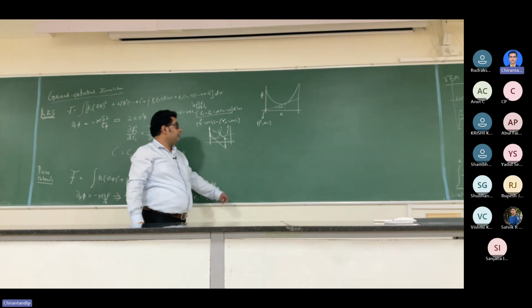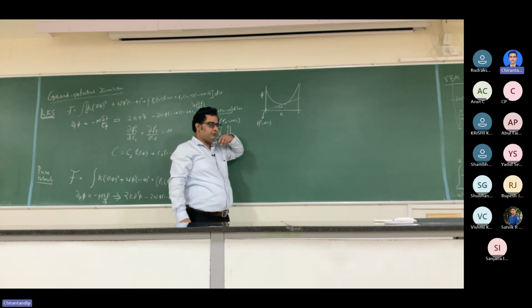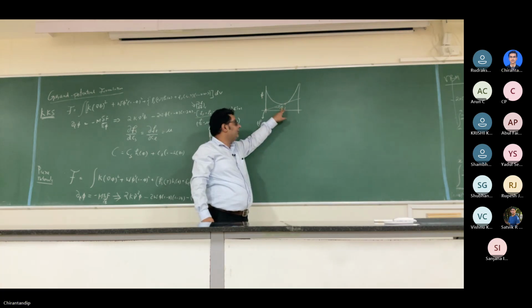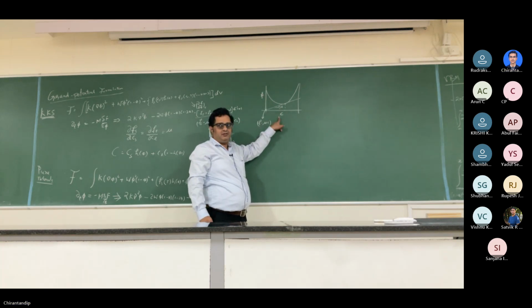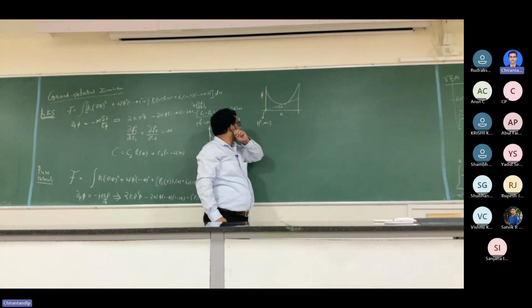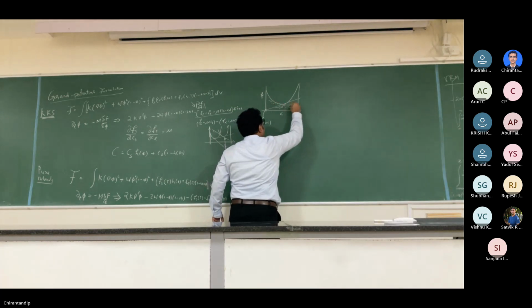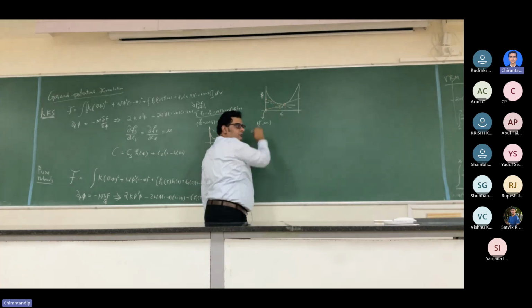If I were to now represent the same information that I have here, but not with F as a function of C, but with an alternate choice of variables, where the variable is the slope of this line and the intercept it makes. Okay? So I'm representing the same information that you had before, but instead of plotting F as a function of C, I want to represent that information by plotting how the intercept changes as we take the slope.